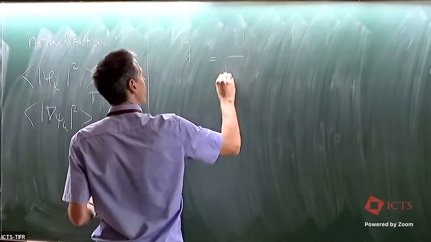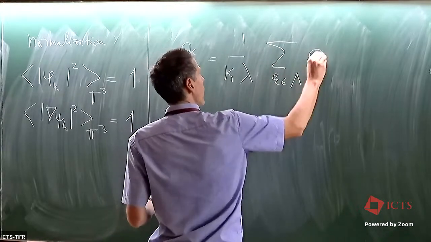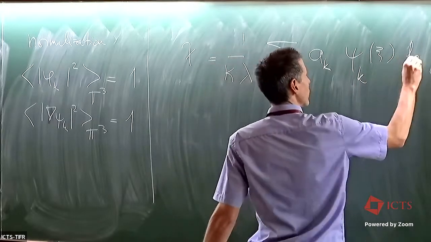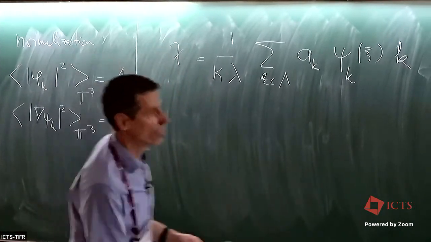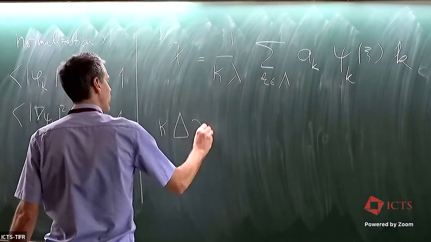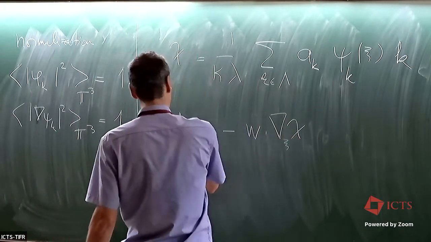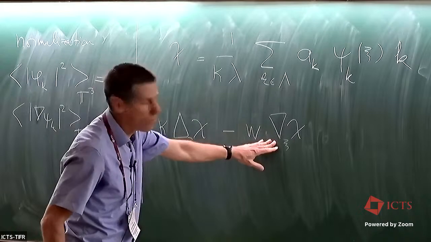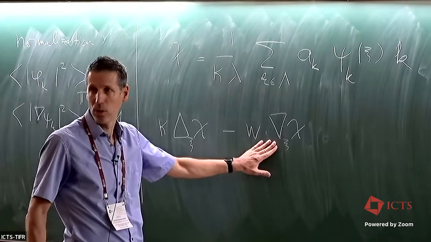which is 1 over kappa lambda, and then the sum of a_k psi_k times k. Recall this is a vector, so each component should, let me write it again here. If I evaluate this, for the same reason that the Mikado flows have no cross-term interaction, this is 0.